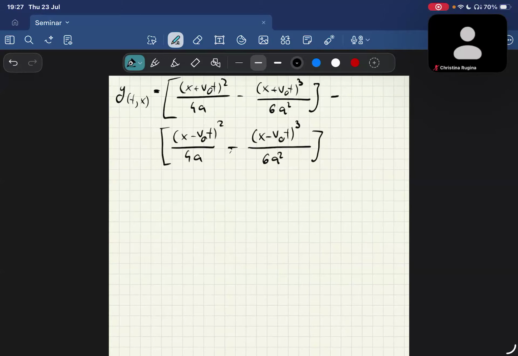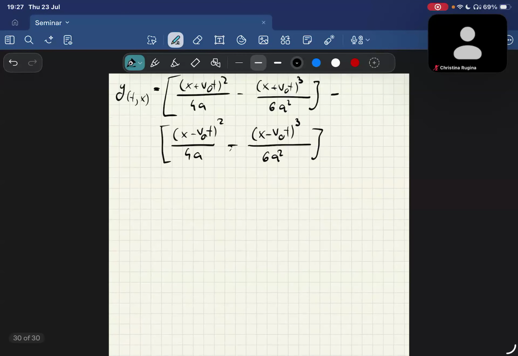Okay, great. Now, this is an okay result. This is correct, but we should also simplify it a bit because it will be very hard to work with in the next point.